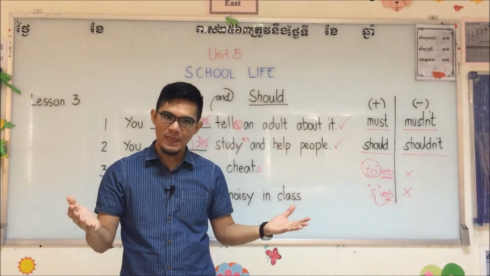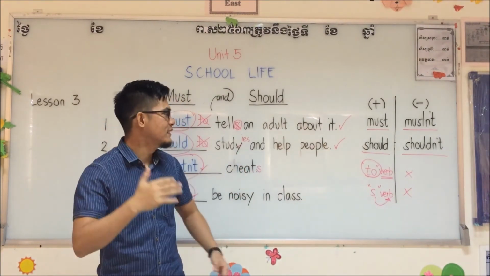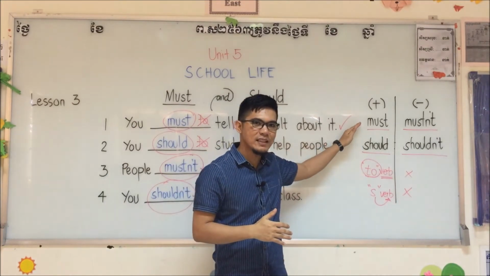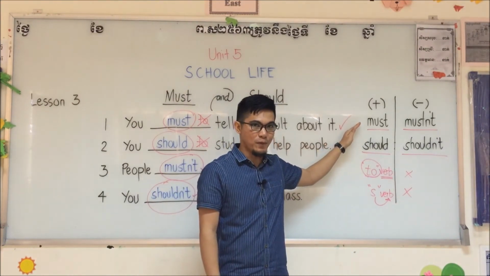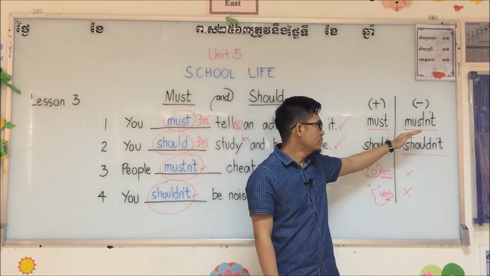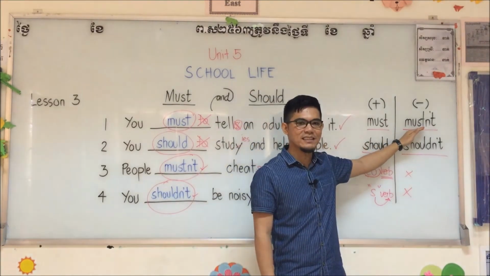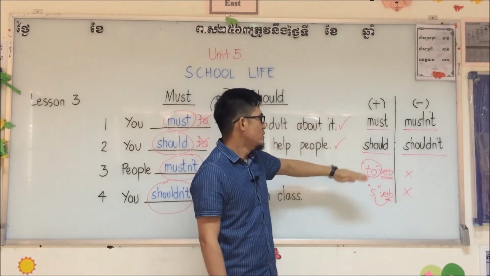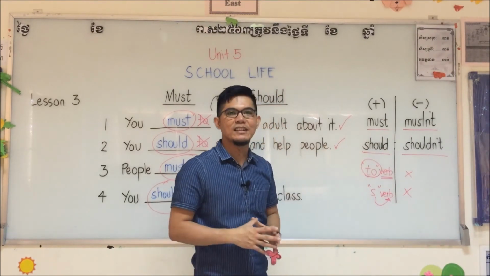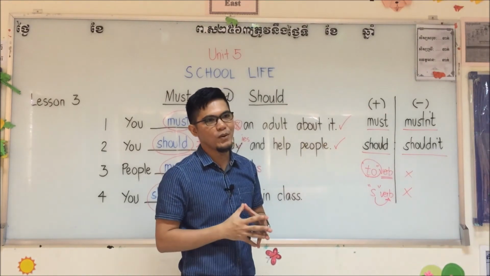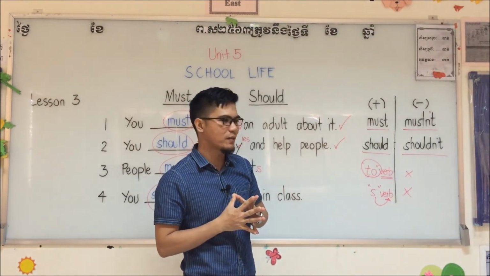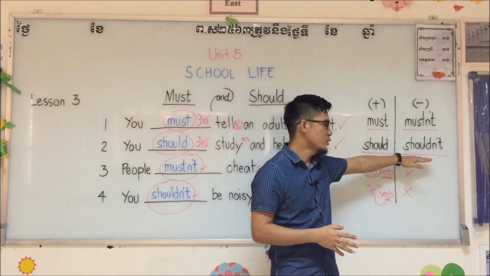Simply, must for rules and strong obligations. But for negative sentences, we use mustn't. Should is for advice or recommendation. And for negative advice or recommendation, we use shouldn't.